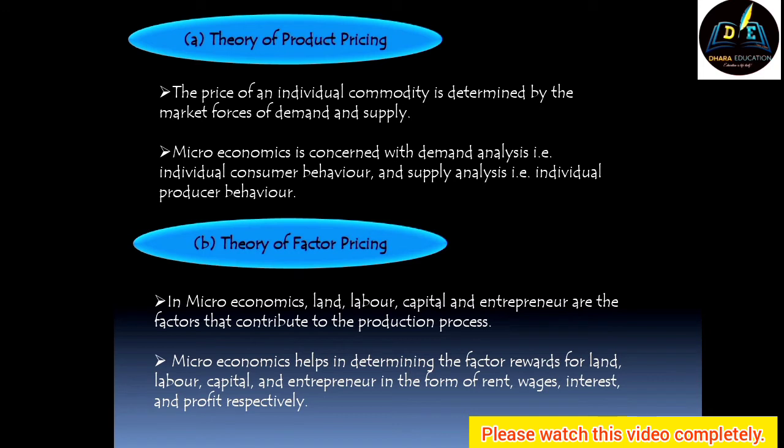Next, move on to point B, that is the theory of factor pricing. In microeconomics, land, labor, capital, and entrepreneur are the factors that contribute to the production process. Microeconomics helps in determining the factor rewards for land, labor, capital, and entrepreneur.